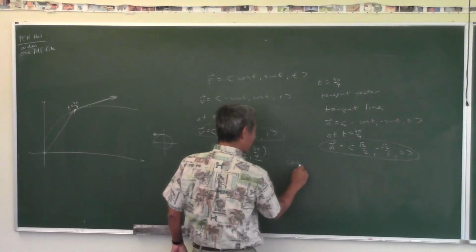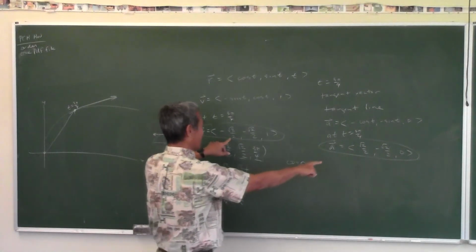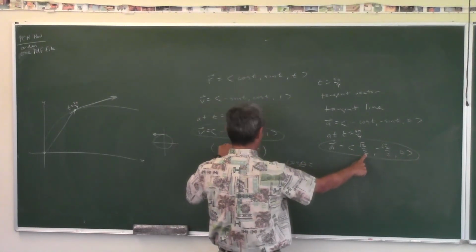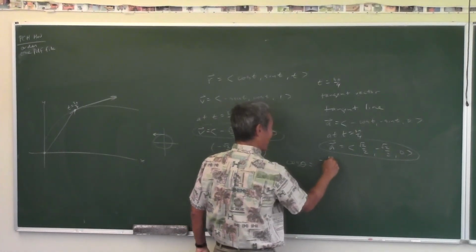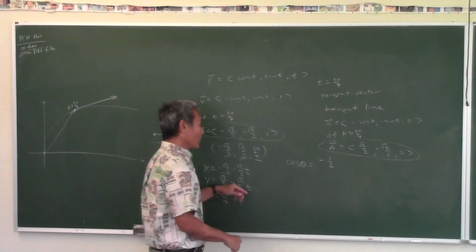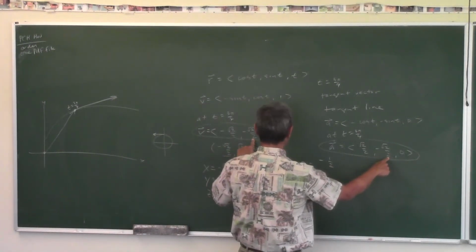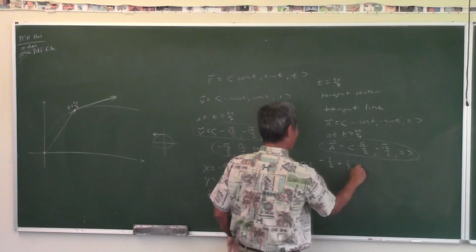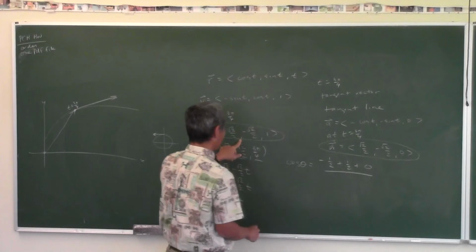So the cosine of the angle is equal to the dot product over the lengths. What's the dot product? This times this, negative times negative, one half. Plus this times this. Plus this times this, which is 0.